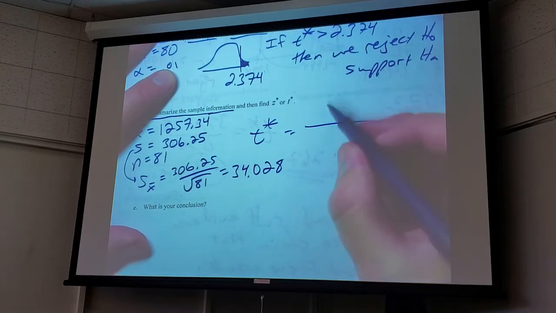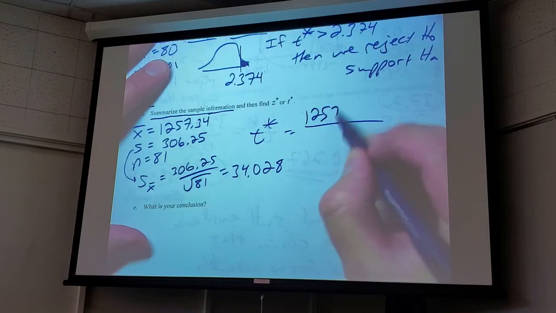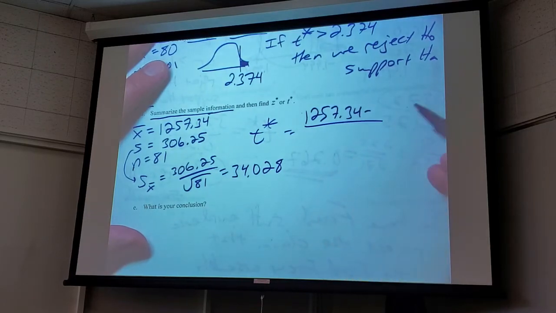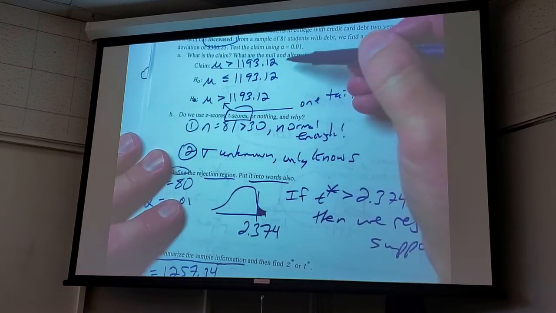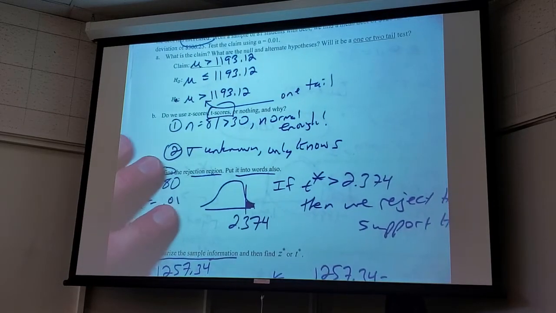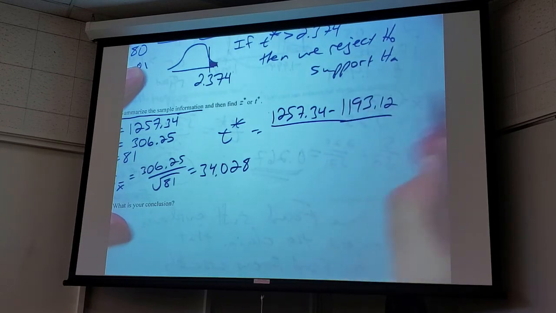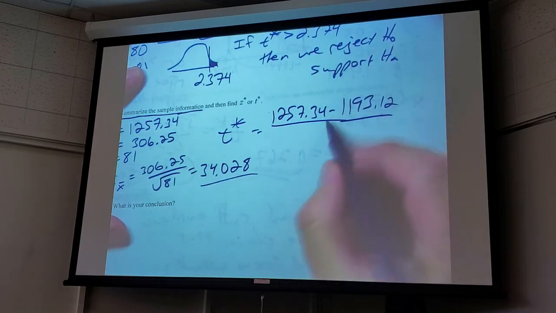How do I build this formula? What goes first here? My data, so the 1257. And then it's always minus the number from the claim. That's what we're going to assume the middle really is. So we're assuming the actual mu is that, 1193.12, divided by the new spread we got.